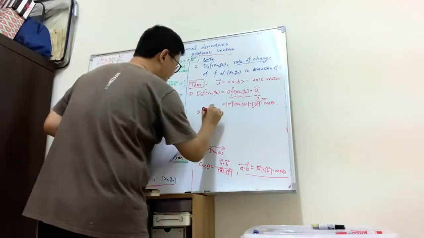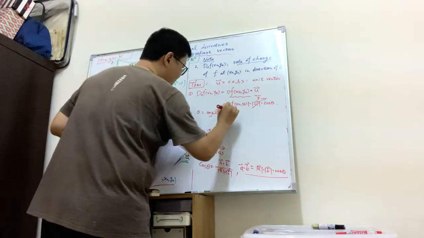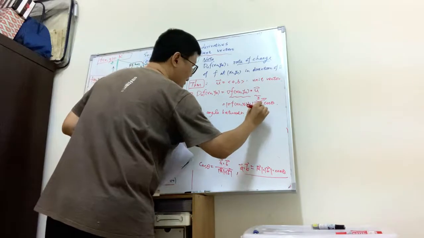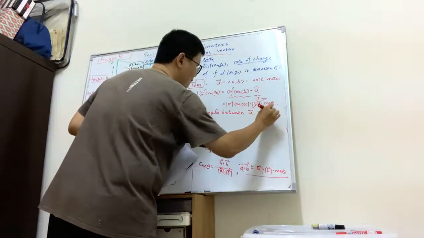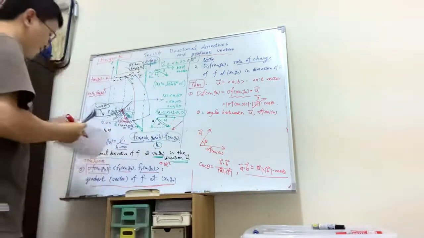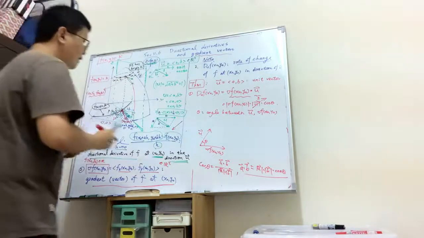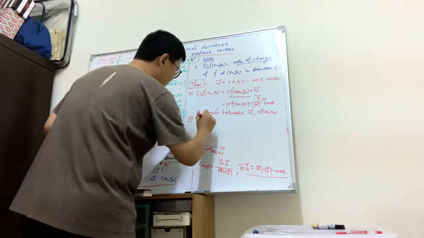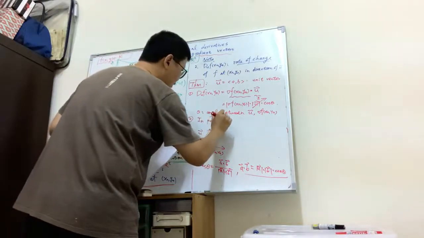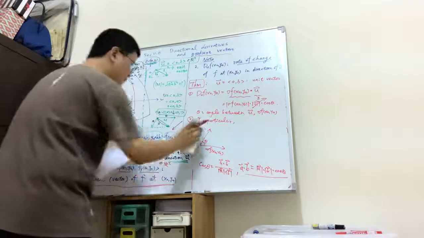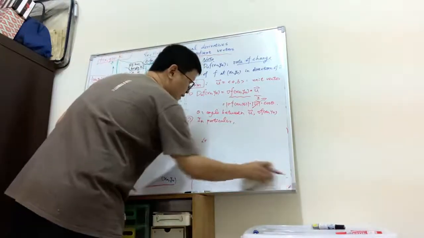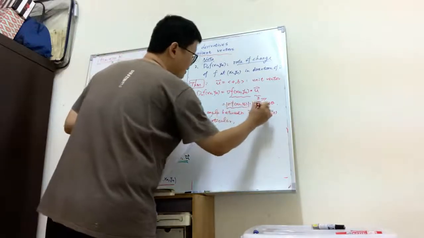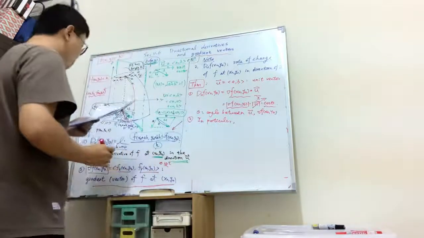Theta is the angle between the unit vector u and the gradient f(x0, y0). In particular, since it equals the length of the gradient vector times cosine theta, we could say more.